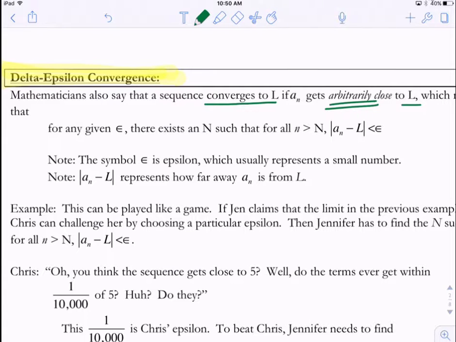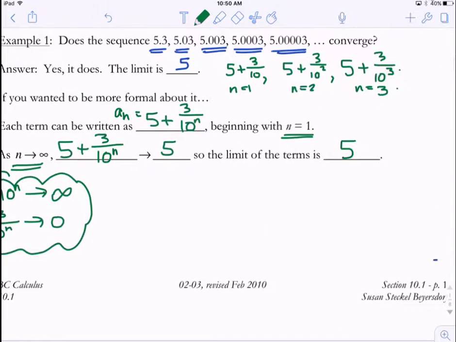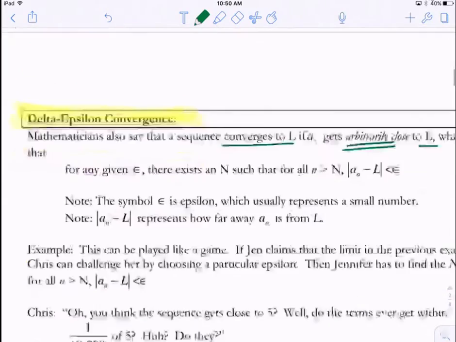And I'd have to say, yeah, eventually these terms are going to get within 1/1,000,000th of 5, and I'd have to demonstrate how that happens. But that's really what these limits mean. It means you're getting as close as somebody else wants to 5. All right? But we're not really going to do limit proofs in this course, but that's the idea.